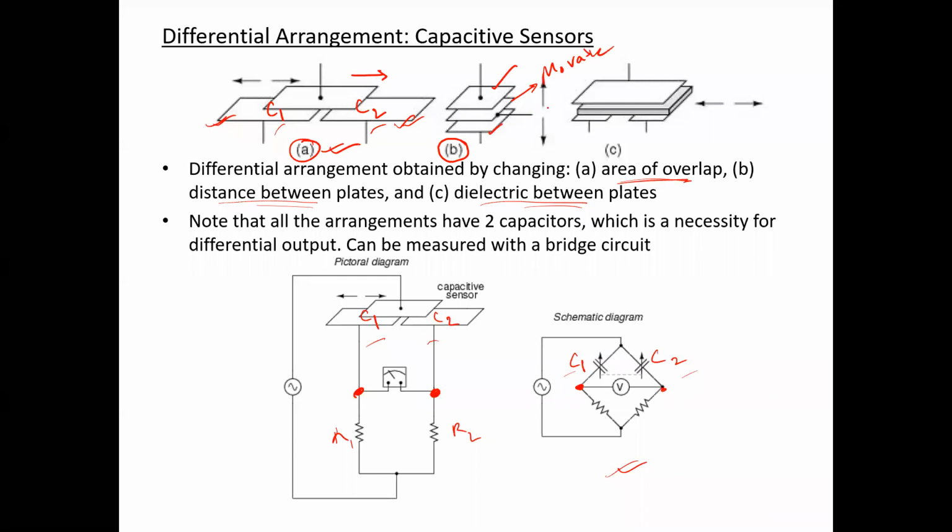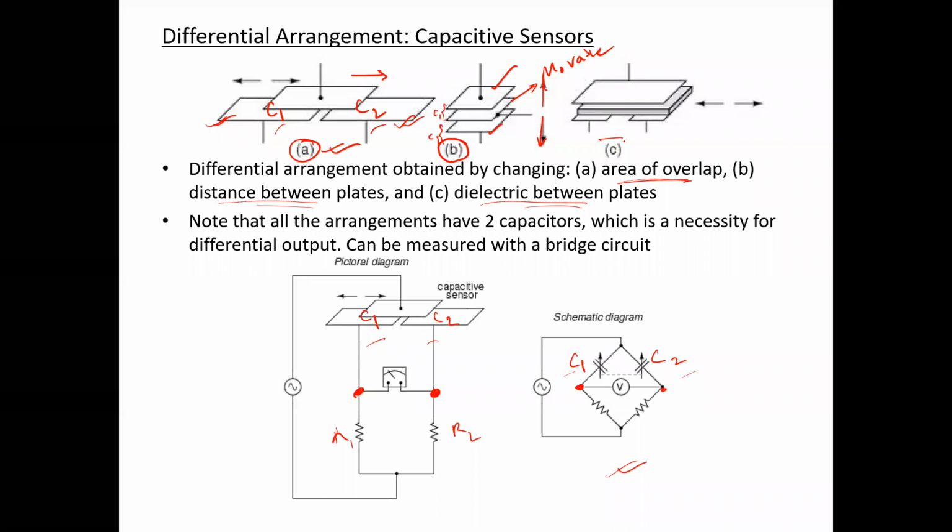So it can move along the vertical line, and if it is moved upwards, then the distance between the upper plate and the moving plate will decrease, and the distance between the moving plate and the lower plate will increase. So in this way, whether it is moving upwards or downwards, the two capacitances, suppose C1 and C2, will change.